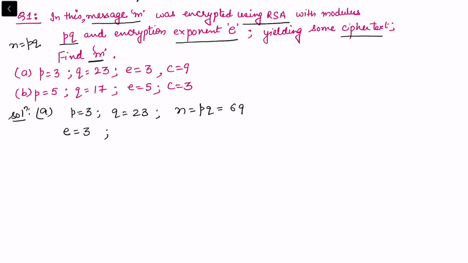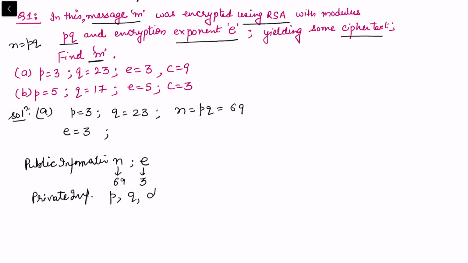So the public information, as I said earlier, is N and E. Both of these we know: N is 69, E is 3. Let's look at what the private information should be. In the private information, we should have P, Q and D. P is 3, Q is 23, but we do not know D. So the first thing we need to calculate is D.